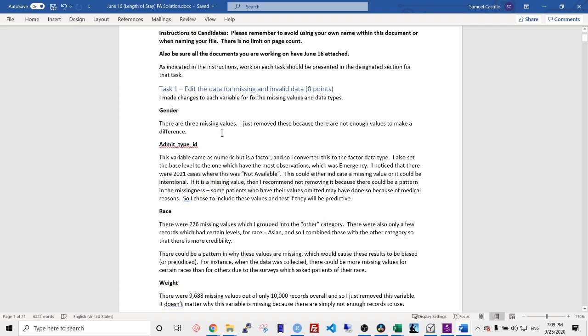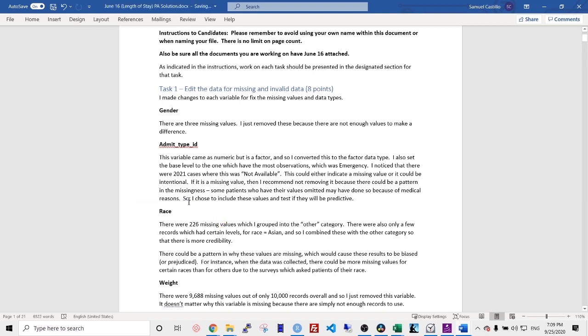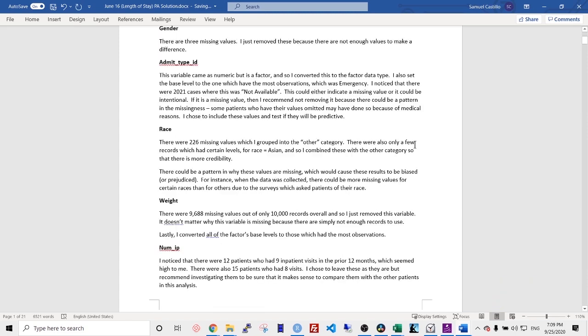So each time you see a blue underline word, simply right click and then choose the selected highlight. So here I'm missing a comma, so I'll just go ahead and add the comma. Actually, in this case, I'm just going to remove the so, and I would just read aloud to myself in my head.